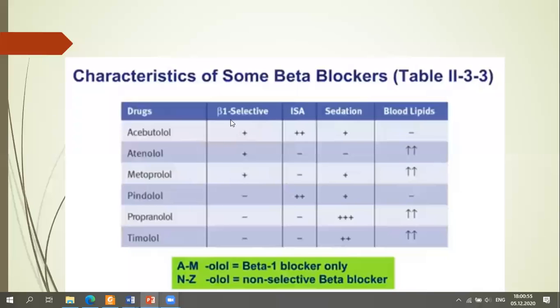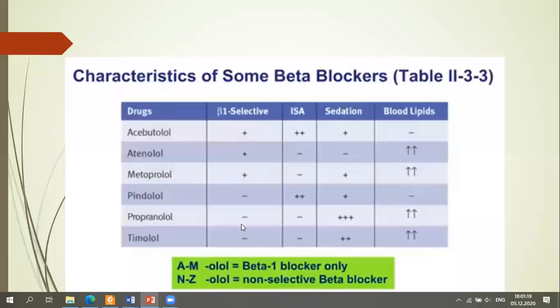So the beta 1 selective ones are all found in this area. But if we continue from N to Z, according to the alphabetical order, after M there is N, okay? All of these parts are non-selective beta blockers, okay?